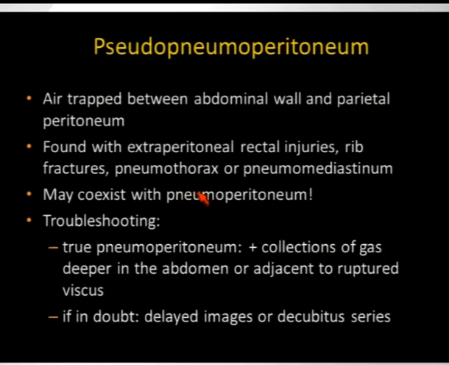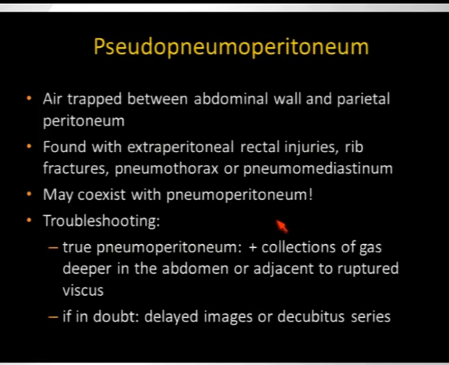I mentioned already the so-called pseudopneumoperitoneum, which is a not uncommon cause of false positive diagnoses of bowel trauma. What it represents is air, gas, trapped between the abdominal wall and the parietal peritoneum, and it can occur with extraperitoneal rectal injuries, rib fractures, or most commonly with patients who have pneumothorax or pneumomediastinum, and the gas leaks into the upper abdomen and gets trapped outside of the peritoneal cavity, but inside the abdominal wall.